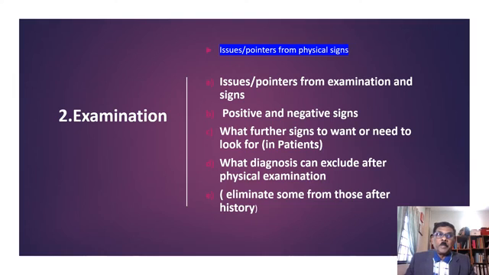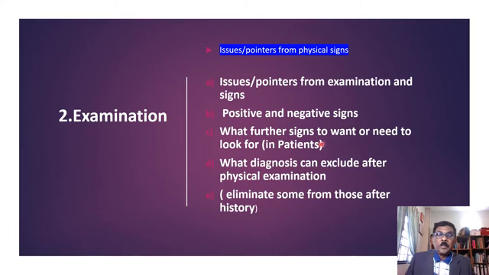Then you go to the examination. The examination is the same. You look for the issues or pointers from the physical signs that you got from the examination, list the positive and the relevant negative signs in the patient, and list out whatever signs that you may want or need to look for in the patient further.